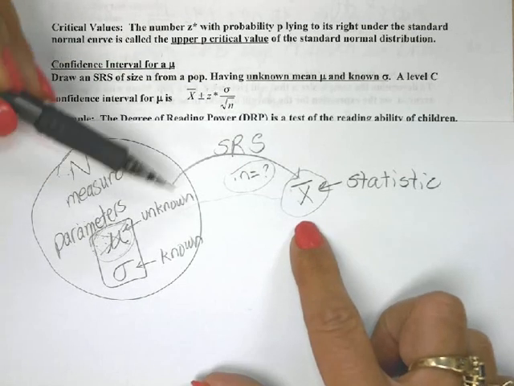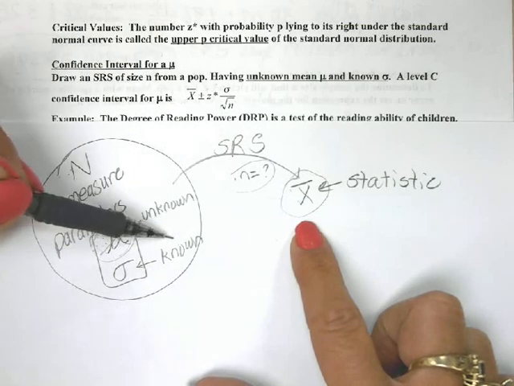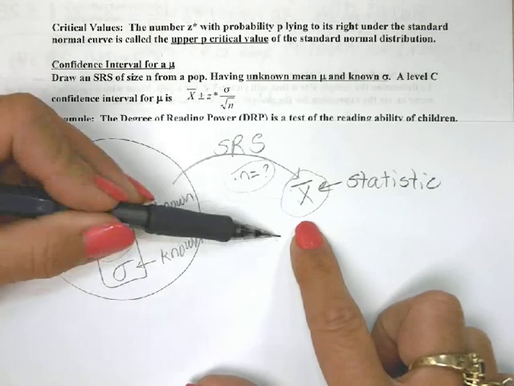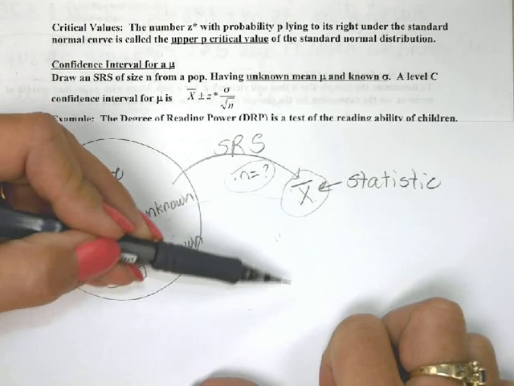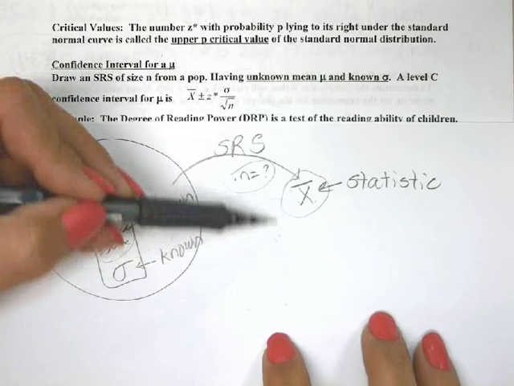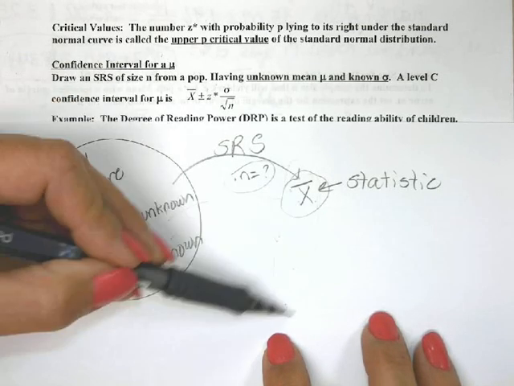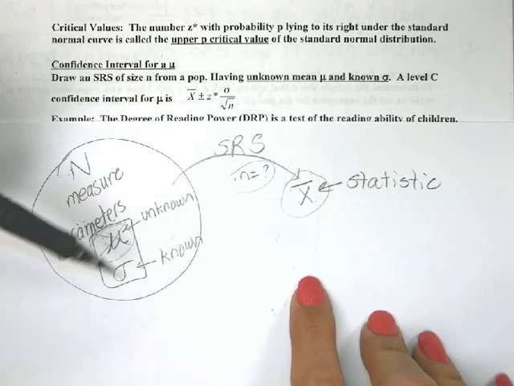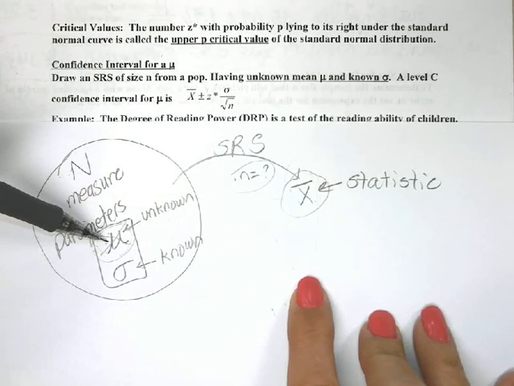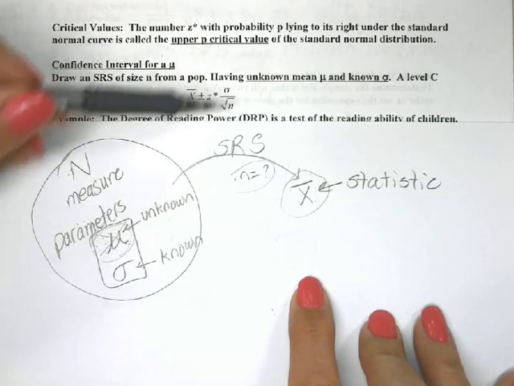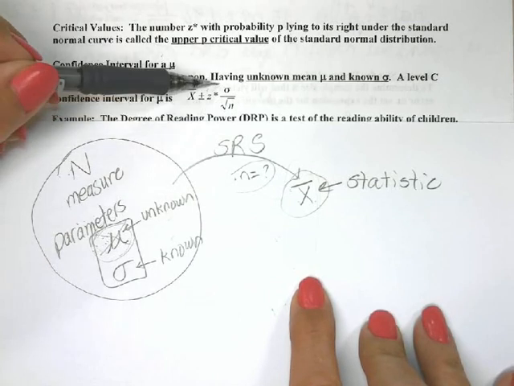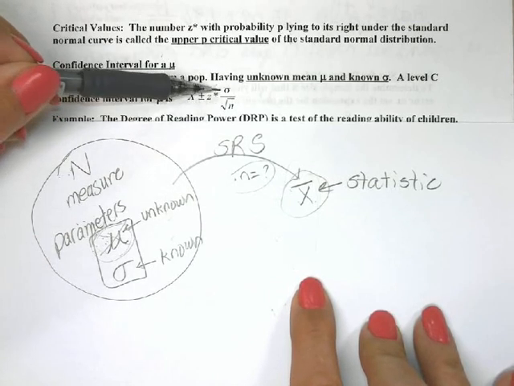If we continue to take samples of size n from this population, and have X bar 1, X bar 2, X bar 3, etc., these X bars would end up centering at the population mean, and the standard deviation for the X bars would be this calculation right here.